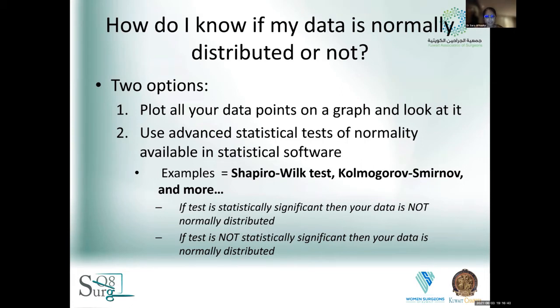Examples are the Shapiro-Wilk test or the Kolmogorov-Smirnov test. There are many more. If the test is statistically significant, then your data is not normally distributed, and if it's not significant, it's the other way around. Once you run those tests, you can decide if your data is normally distributed or not.